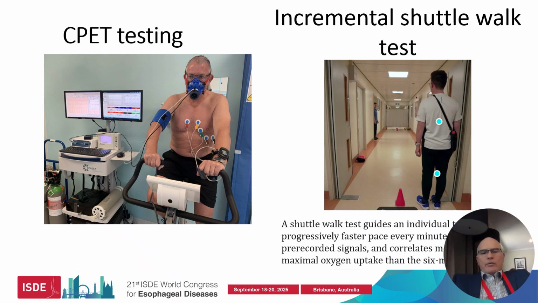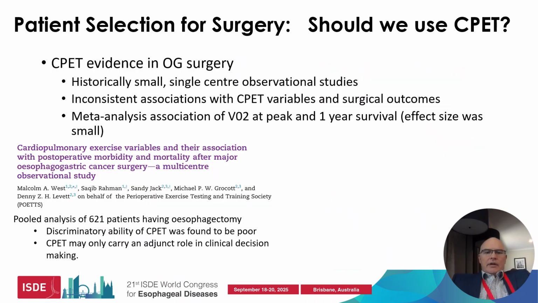Moving on to how we assess fitness for surgery. Well, you can eyeball them, or you can do something more objective, and the options are either CPEX testing or an incremental shuttle walk test. In terms of CPEX testing, the evidence for this is actually very poor.